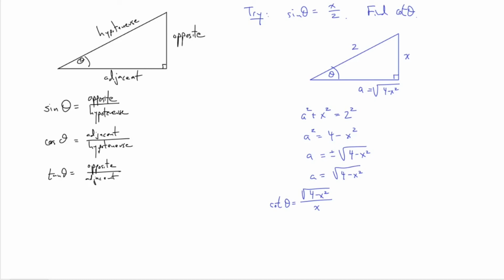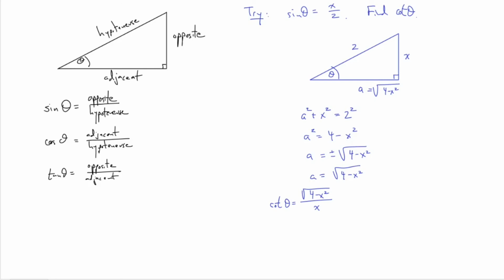And just as a quick algebraic trick that you can use in all kinds of situations, if you weren't sure and you thought maybe you could simplify that, well, simplify it how you think you can. But then plug in some numbers for x and see if you get the same value when you plug them into your new expression as you do when you plug them into square root of 4 minus x squared over x.